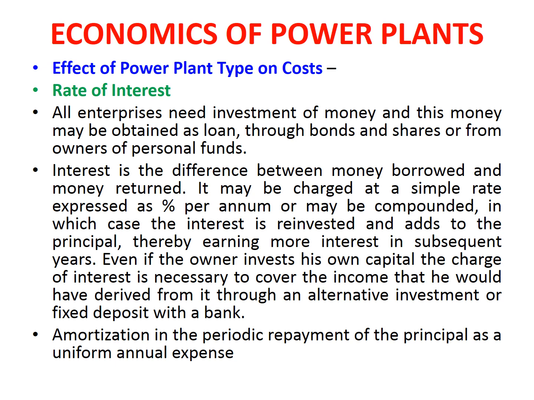So it determines that the money which will be returned depends on the rate of interest for a particular period. Even if the owner invests his own capital, a charge of interest is necessary to cover the income he would have derived from an alternative investment.